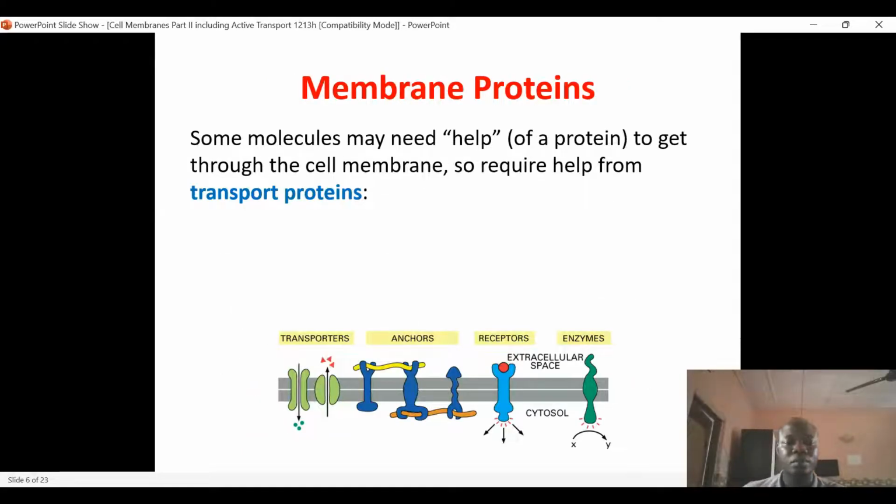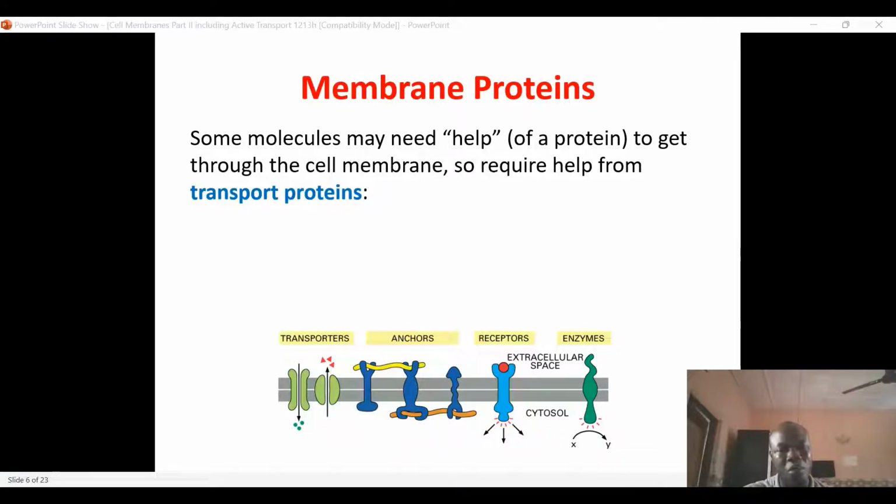So now, we have some membrane proteins. Some molecules might need help from transport proteins to get through the cell membrane. What we are saying here is that there are some molecules that on their own cannot get into the cell.